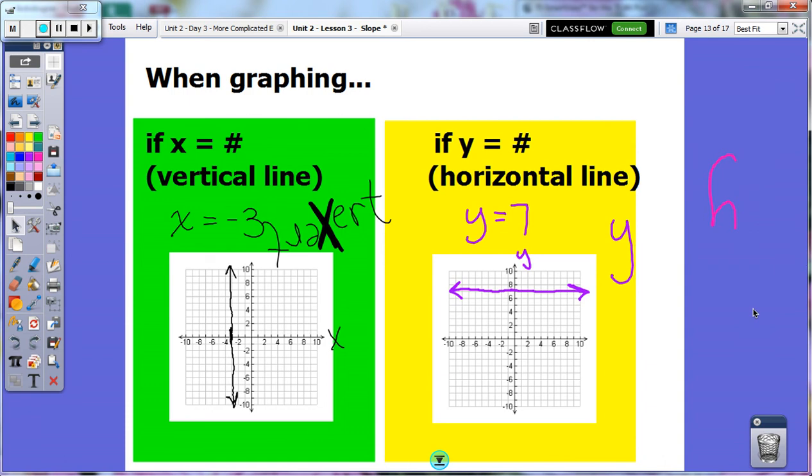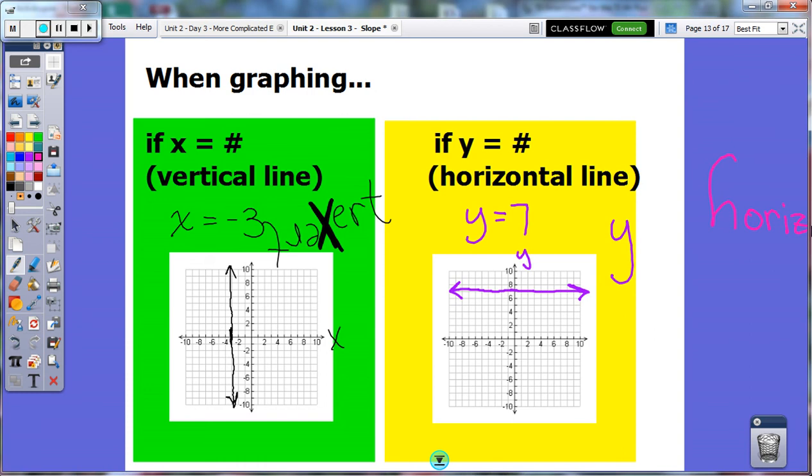I didn't change that letter. It's still a y, but it also looks like an H for the word horizontal. So guys, anytime you have a y equals, you're going to get a horizontal line at whatever number the y is.